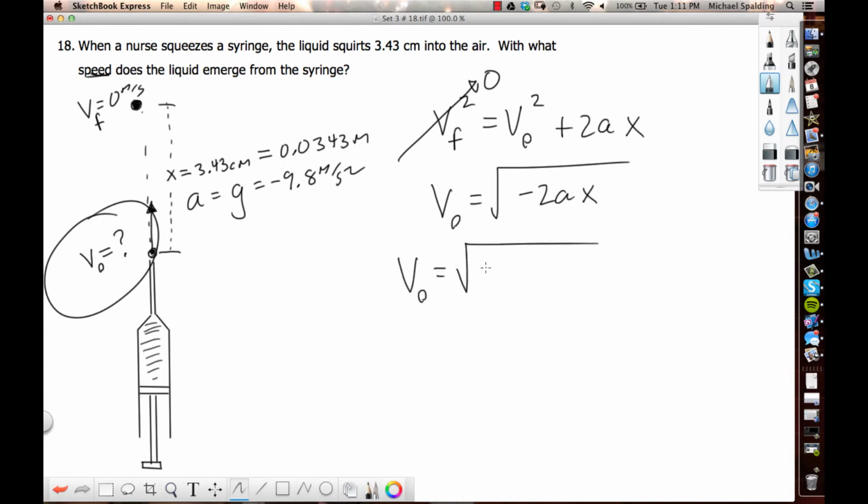This is going to be negative 2 times negative 9.8. And then the x is 0.0343 meters. So V initial is 0.82.